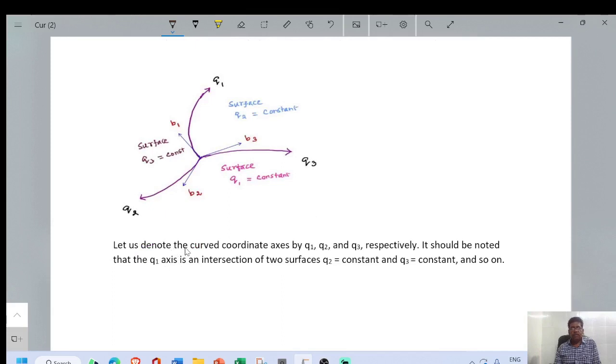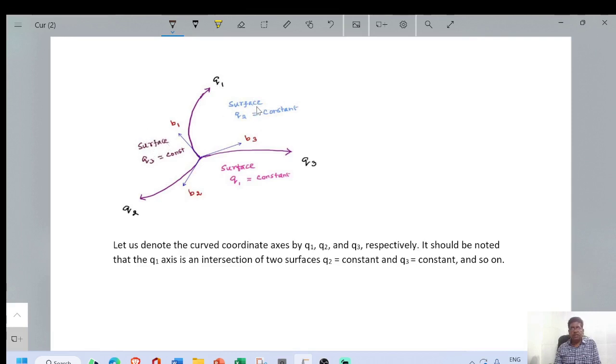Let us denote the curved coordinate axis by q1, q2 and q3 respectively. It should be noted that the q1 axis is an intersection of two surfaces, q2 equal to constant and q3 equal to constant.